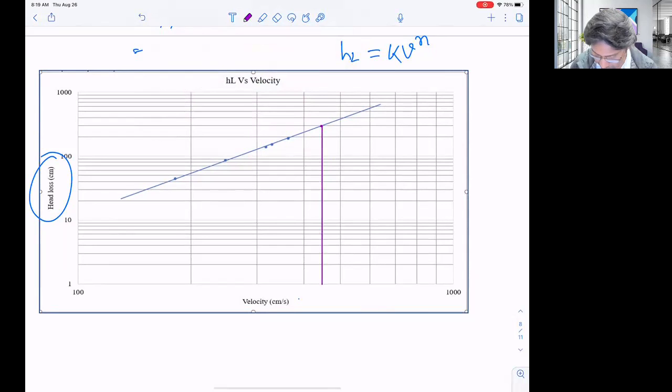If I select this point, I have 1, and I can directly read from here. That will be the second point, and I can select another point from this one.